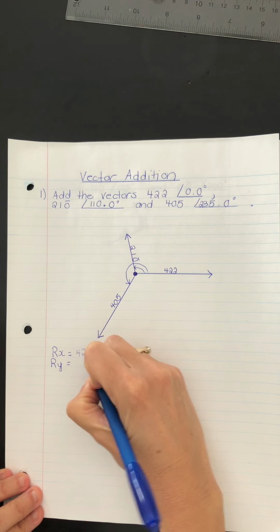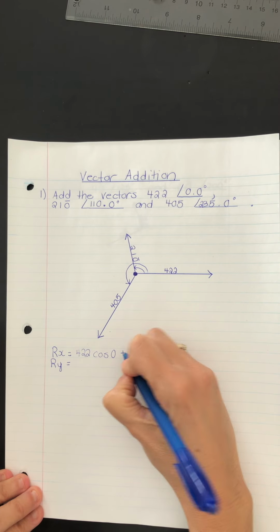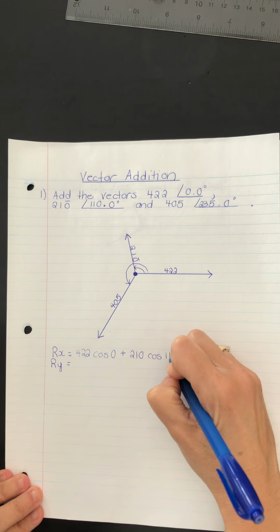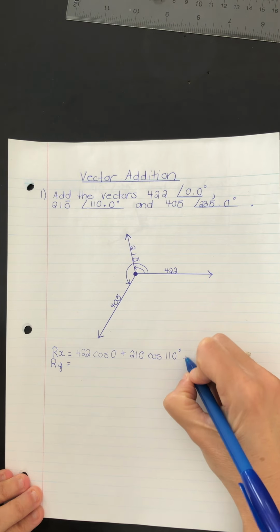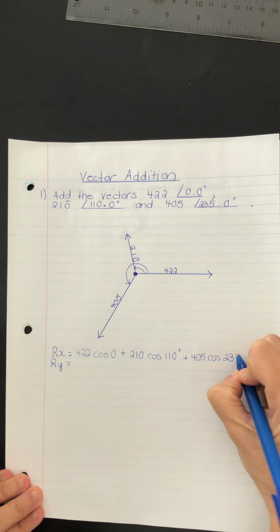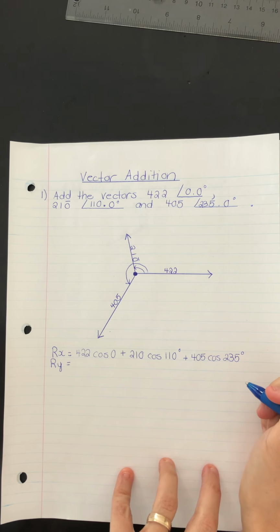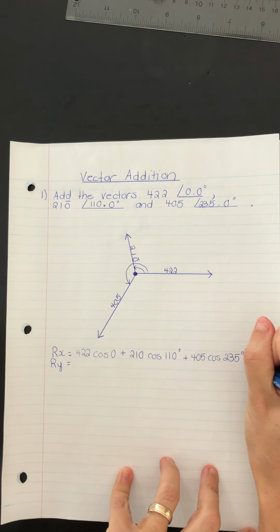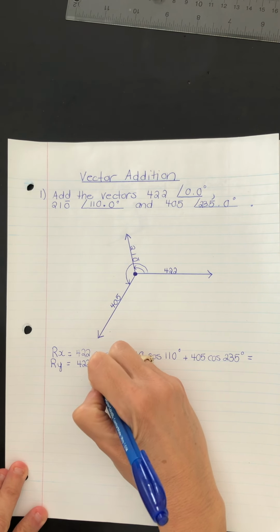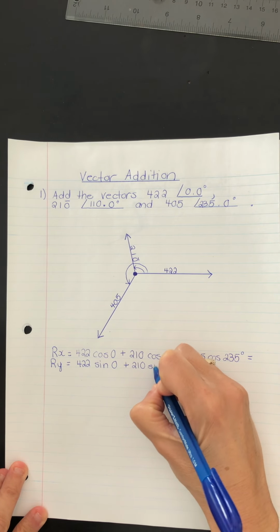So 422 cosine of 0 plus 210 cosine of 110 degrees plus 405 cosine of 235 degrees. Okay, and we're going to get our value for that. And then we change these things to sine in order to determine the vertical component.